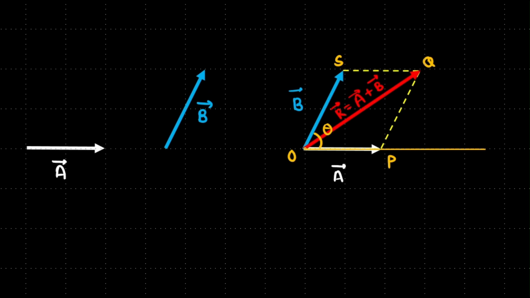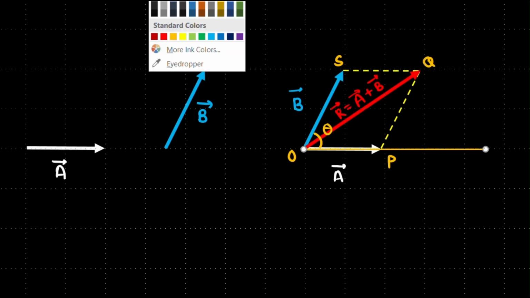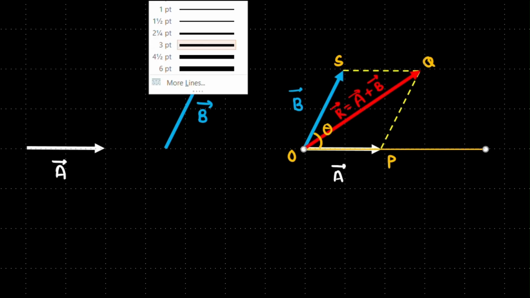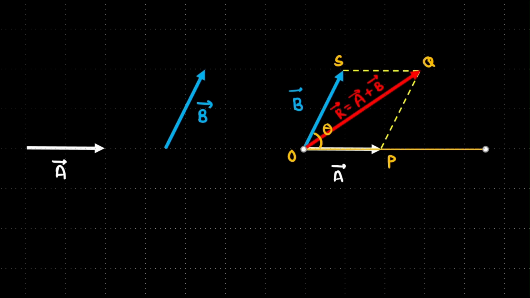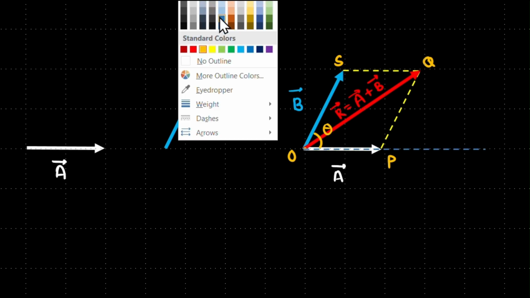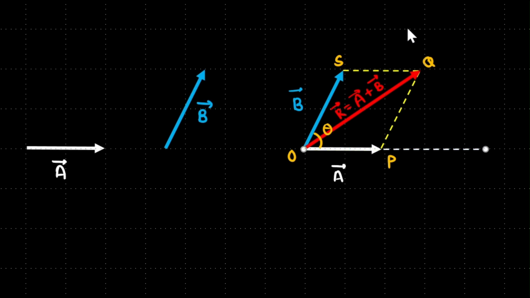We are not changing the magnitude of vector A. Rather, we are just showing how the line would go forward. Not the best explanation, I think, but I hope you understand what I'm saying.